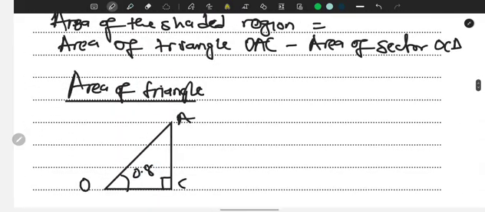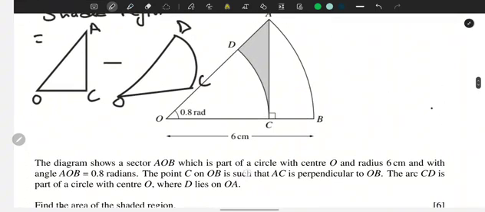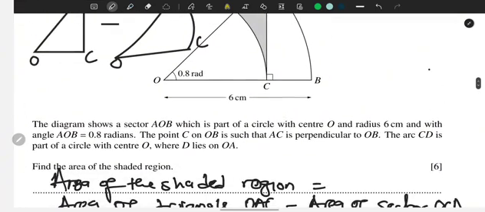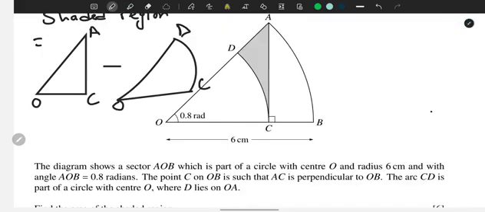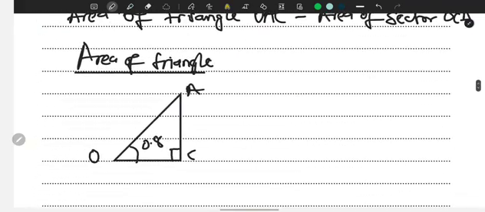And don't forget, you are given the radius, which is 6 cm, which is OB. If OB is 6 cm, that means OA is also 6 cm. So what else do we need to find here before we can get the area of the triangle?